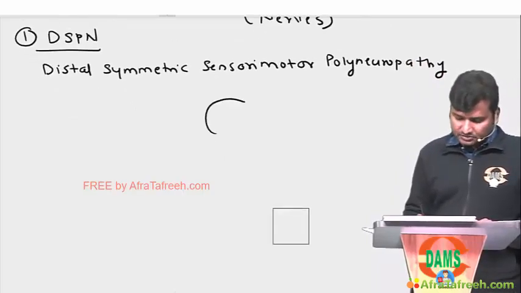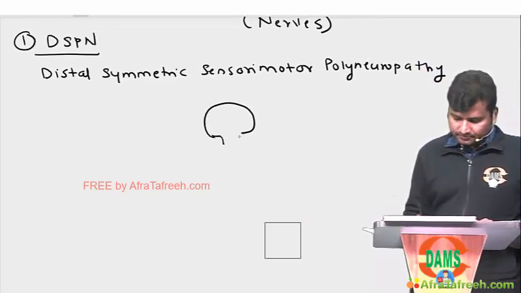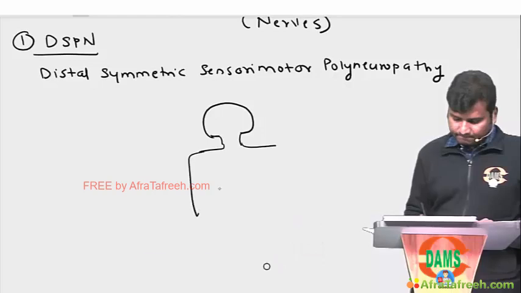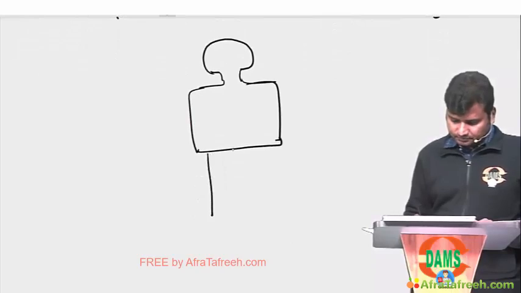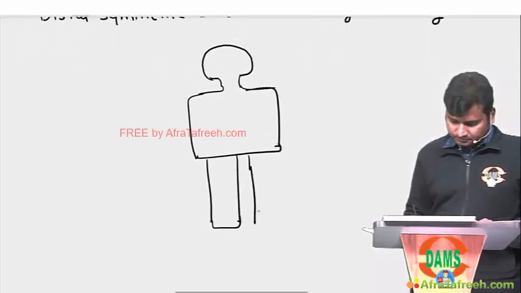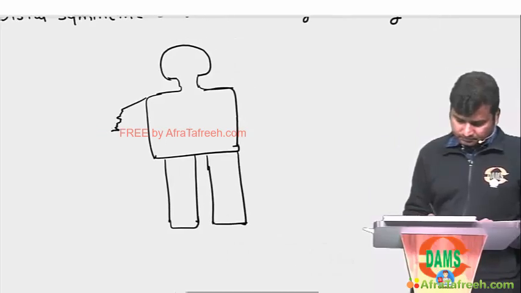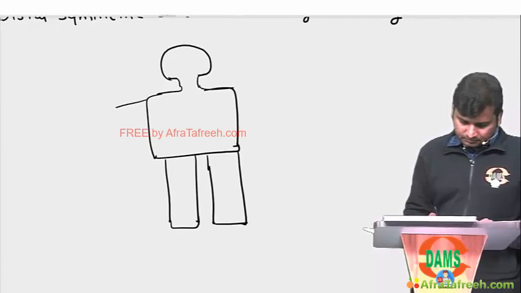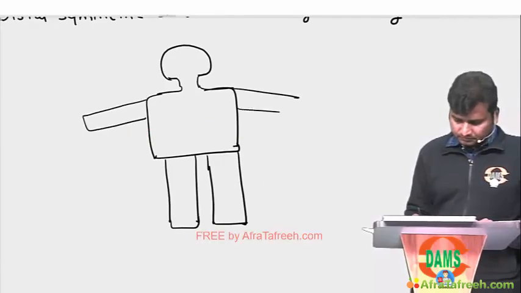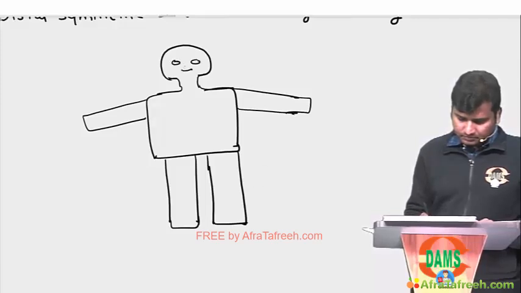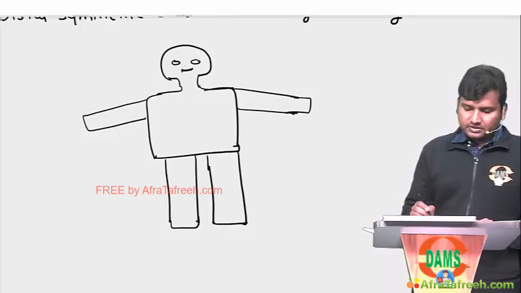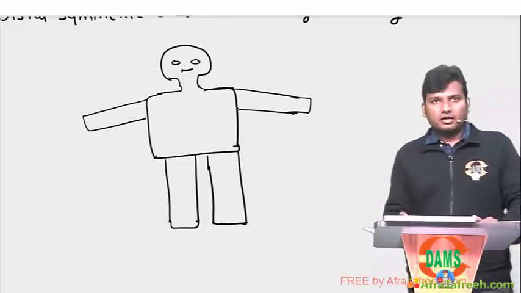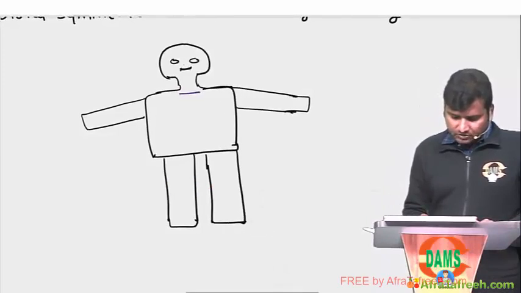To understand this, draw this figure. Now suppose he is a human. Okay, now suppose this is our spinal cord.